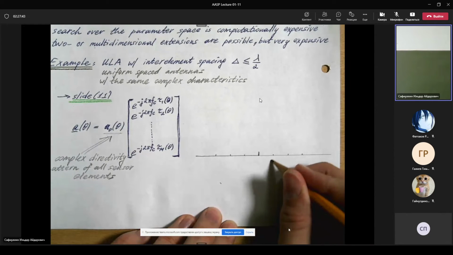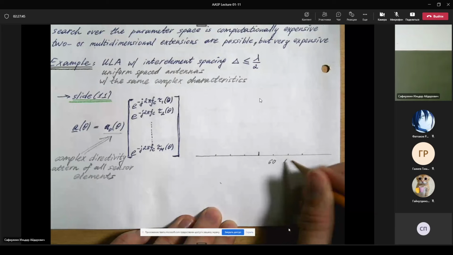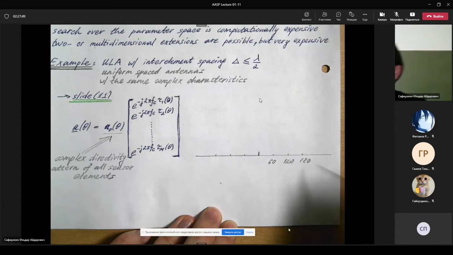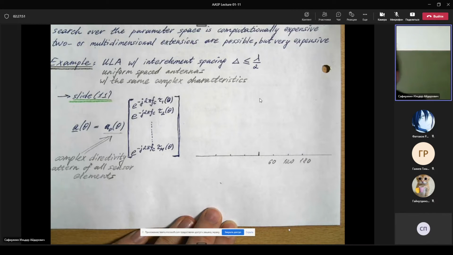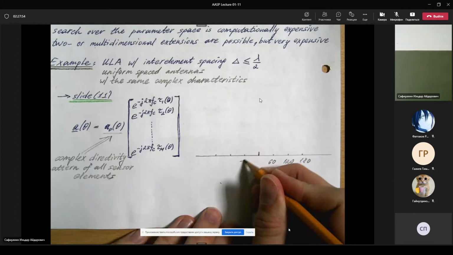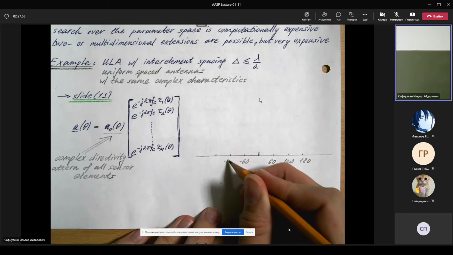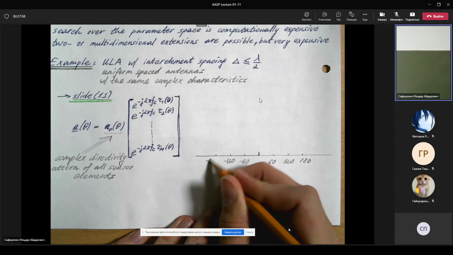So 60, 120, 180, and for the left side, minus 60, minus 120, minus 180.